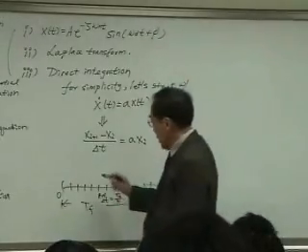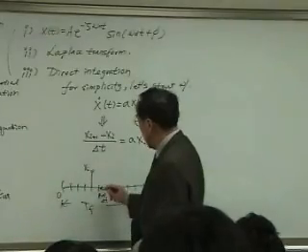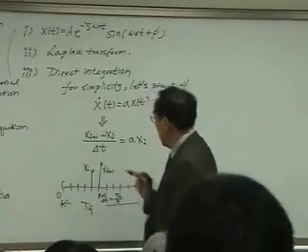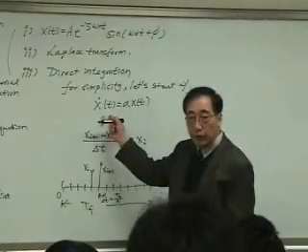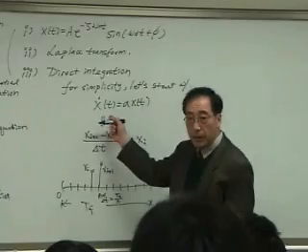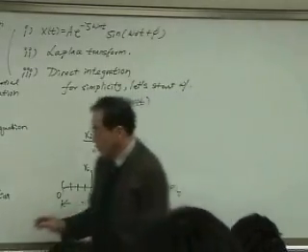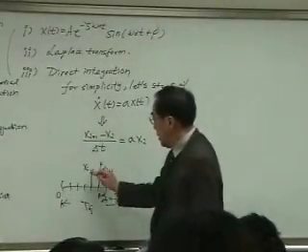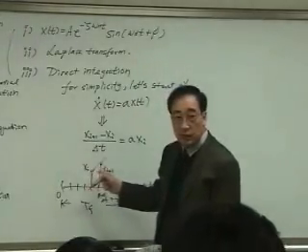Okay, and this is xi, and this is xi plus 1. And the derivative with respect to time at xi would be approximated as the slope connecting these two values.